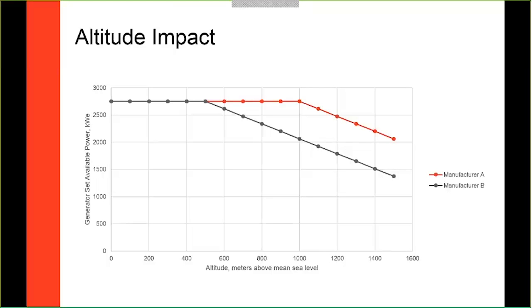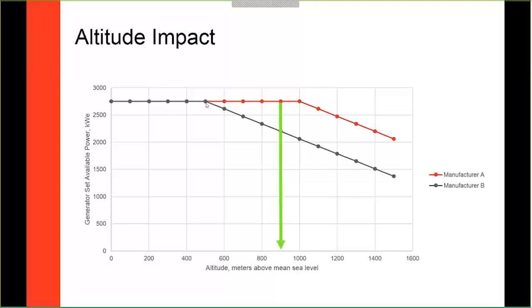What you're looking at is what we refer to as the knee point, or the point at which the product starts to have its performance impacted as a result of the altitude. And so in this case, manufacturer A's product isn't impacted by altitude until about 1,000 meters above sea level. On the other hand, manufacturer B's product starts to be impacted around 500 meters above mean sea level.